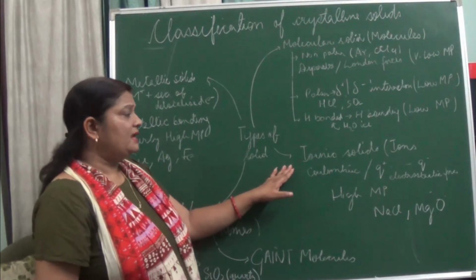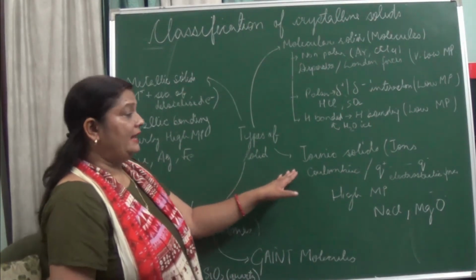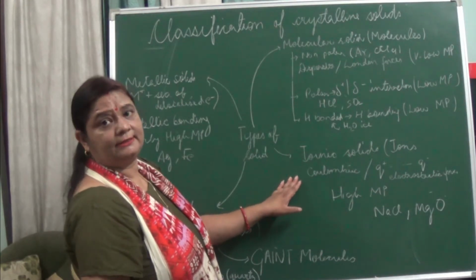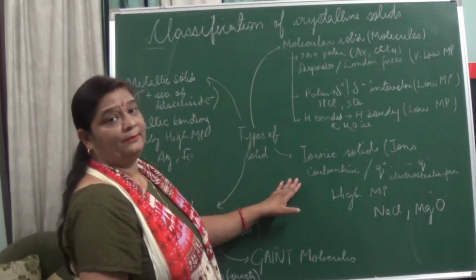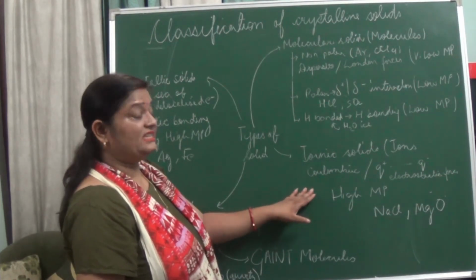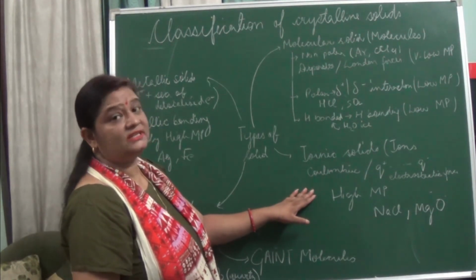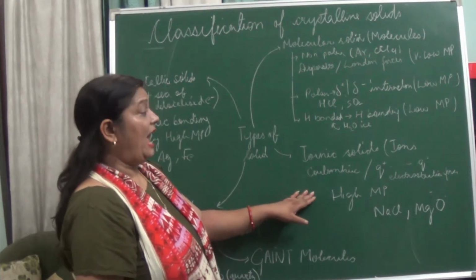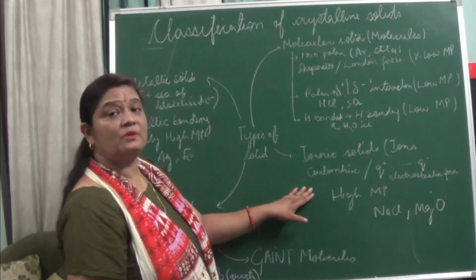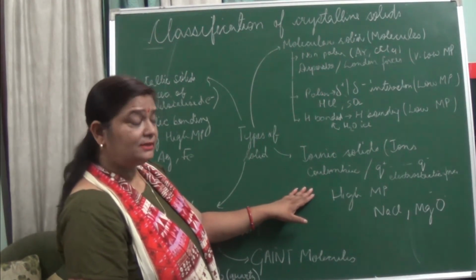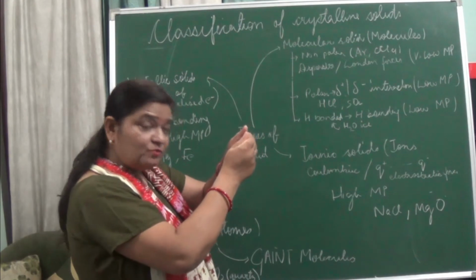Now coming to ionic solids. These ionic solids are made up of ions, and they have Coulombic charges. It means here electrostatic force is present, and if electrostatic force is present, naturally the melting point will be high, because here the force is more.